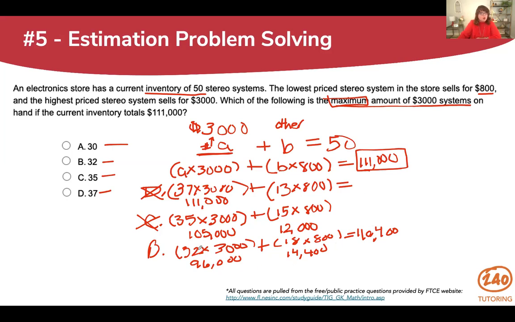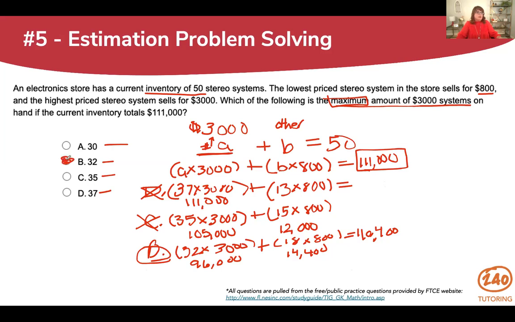We're just figuring out what's the maximum amount of those $3,000 stereo systems. So even if we plug in the cheapest ones as the other variable, we're under that 111,000. So maybe one cost $1,000, maybe one cost 800 and something or $900. So this is our answer. So the correct answer is B, 32.